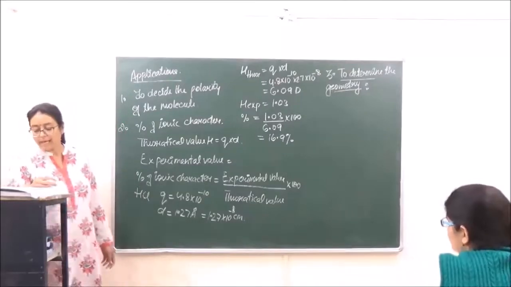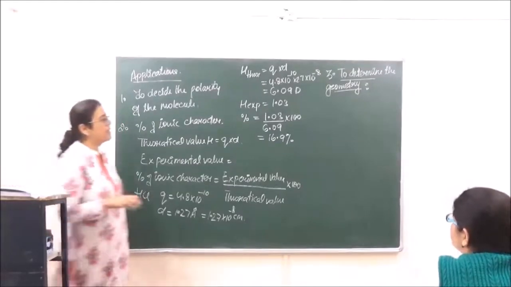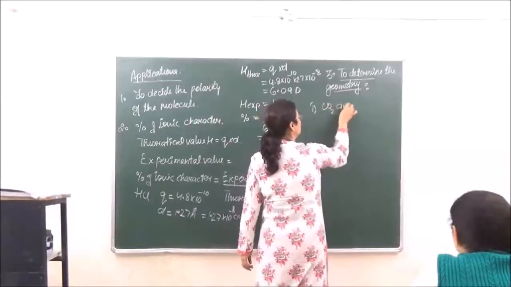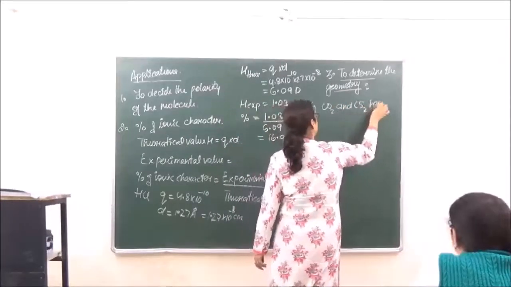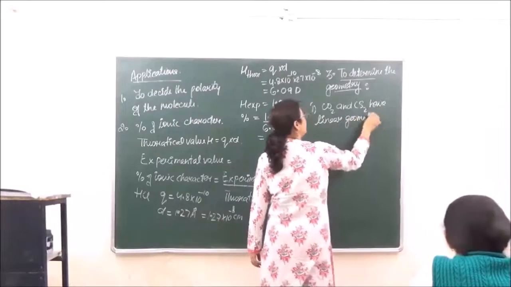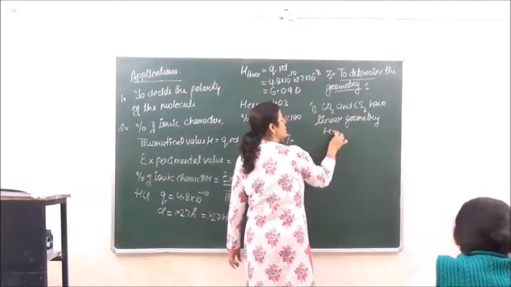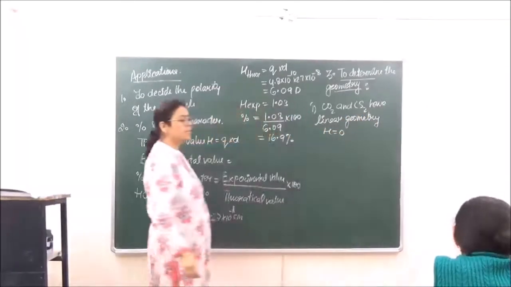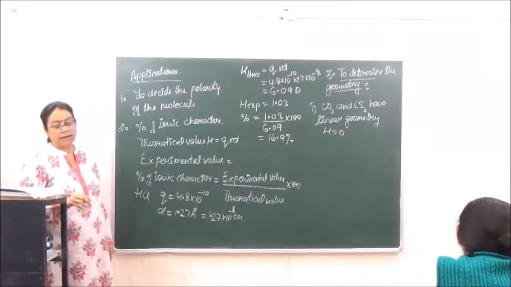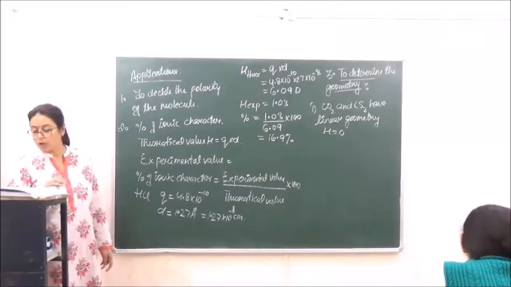So molecules like carbon dioxide and CS2 have a linear geometry. As a result, the value of mu for such molecules is equal to 0, and such molecules are non-polar.